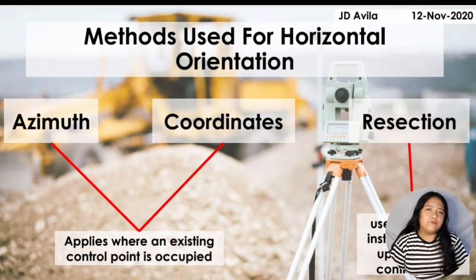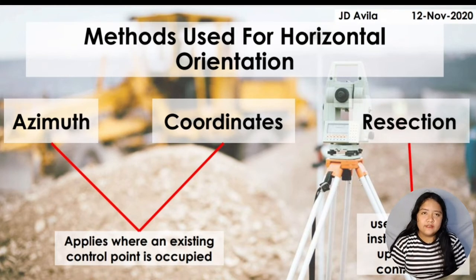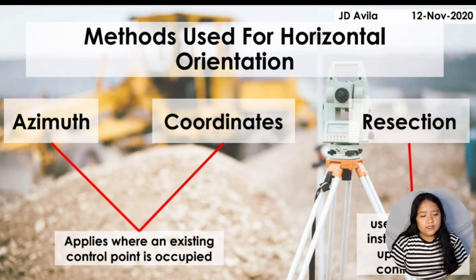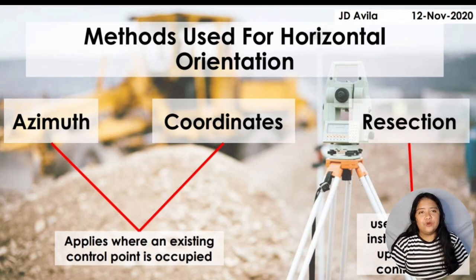The conditions of the project will normally dictate what orientation to use. Regardless of the procedure selected, after orientation is complete, a check should be made by sighting another control point and comparing the observed azimuth and distance against their known values.